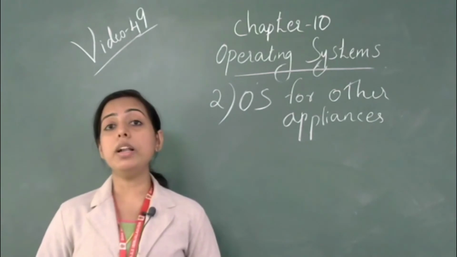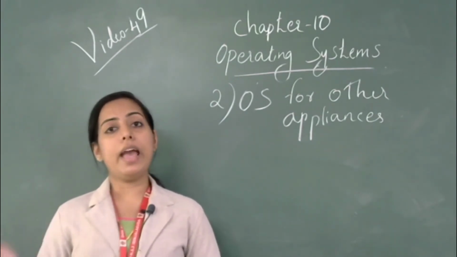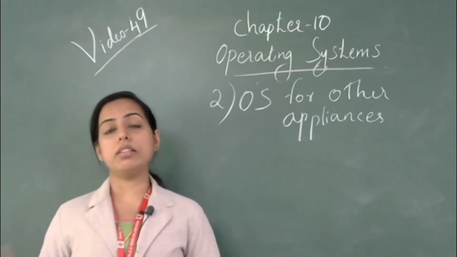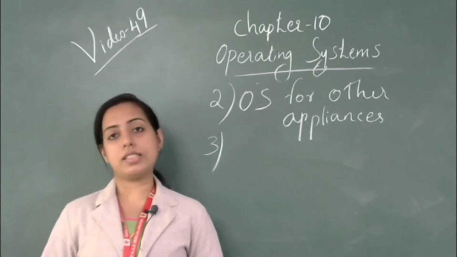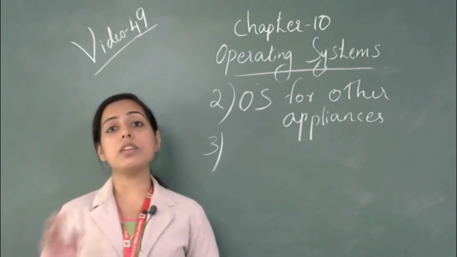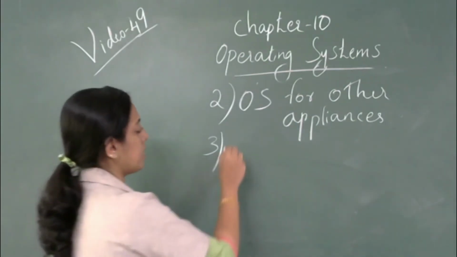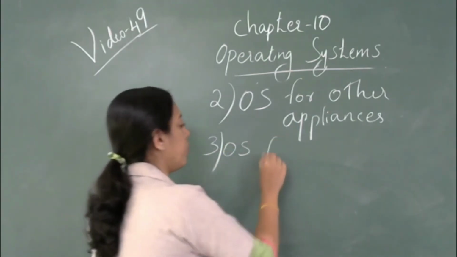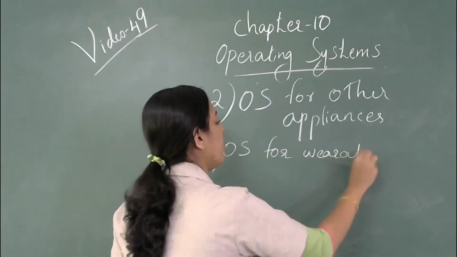Study that table by heart. Study the mobile operating systems as well as the company and the program used behind each operating system. So that is what mobile operating systems are. And now we are moving to the last topic in this chapter, which is OS for wearable devices.